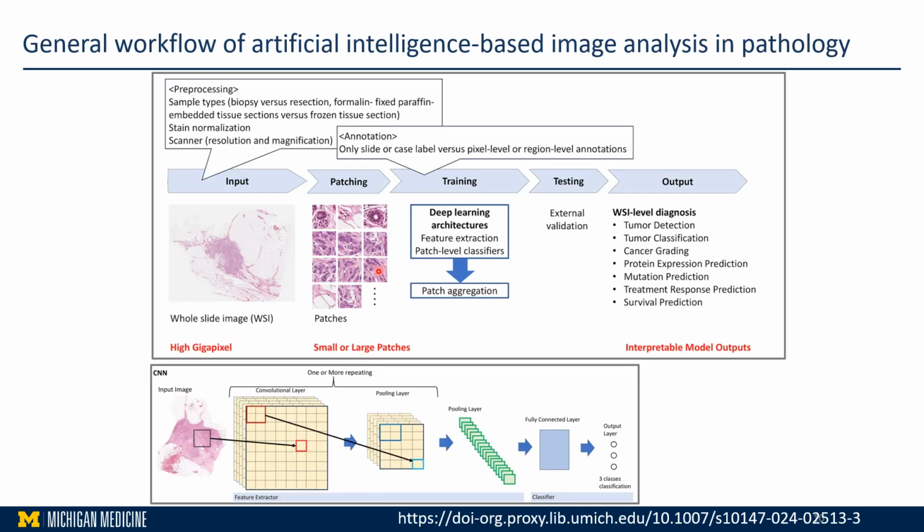So just to give a general workflow about the AI-based image analysis in pathology. We mentioned a couple slides ago that you have multiple steps of tissue processing, and also multiple types of sample or specimen type, like biopsies, resection, formalin fixed paraffin embedded versus frozen section.